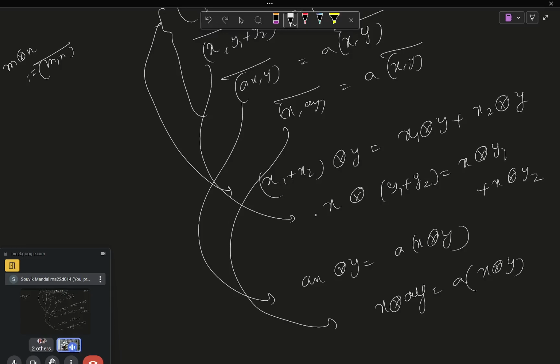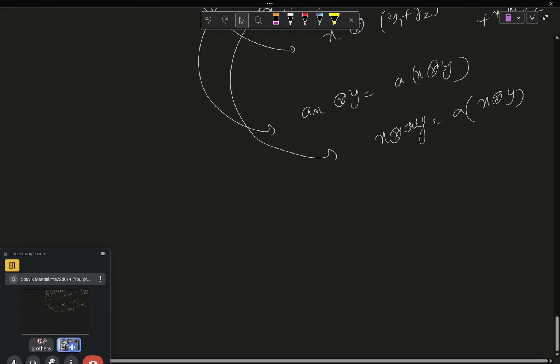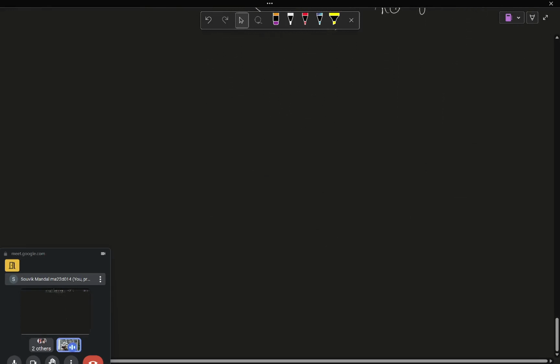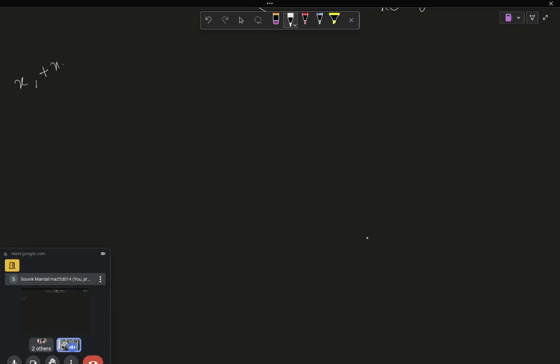So we are getting three equations. Let me write them down after combining. One is (x1 plus x2) tensor y equals x1 tensor y plus x2 tensor y.